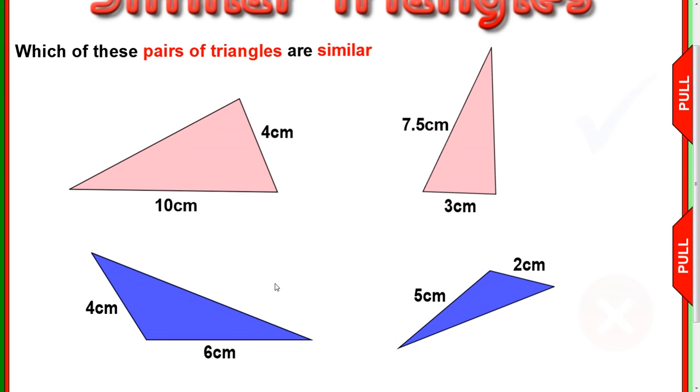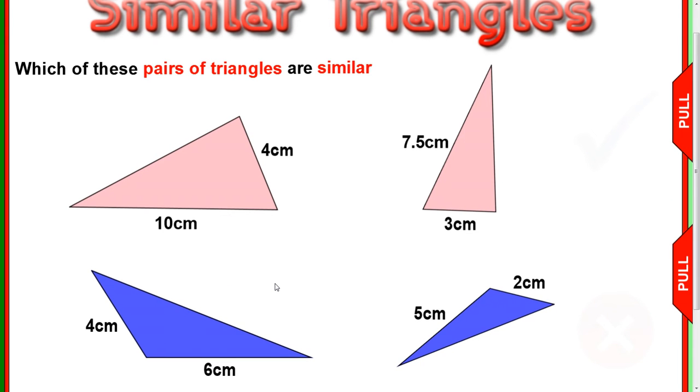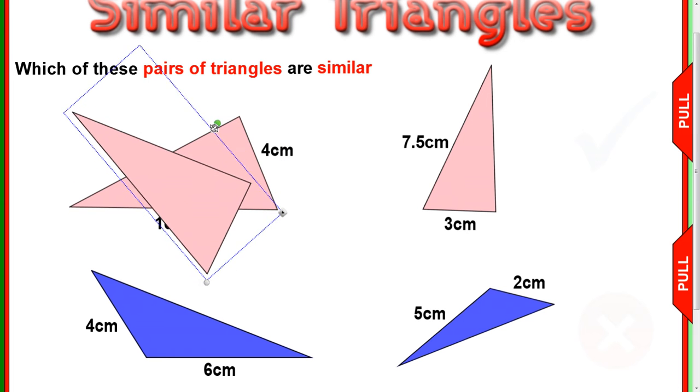Okay, let's look at the same idea, except we'll look at ratios of sides this time. Now the easiest way to do this is to make the triangles look exactly the same, so you can find the corresponding sides. This triangle really looks like that.